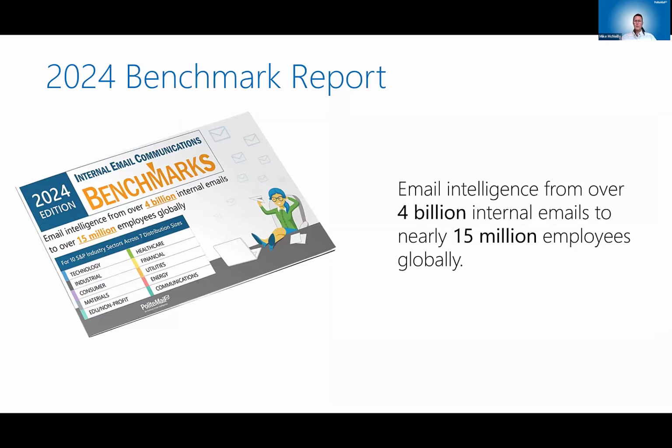All right, so what we're going to be talking about today, these best practices, are gleaned from a deep analysis of, as you can see here, over 4 billion internal emails to nearly 15 million employees globally. And so that's email traffic flowing across Polite Mail servers, across hundreds of customers.